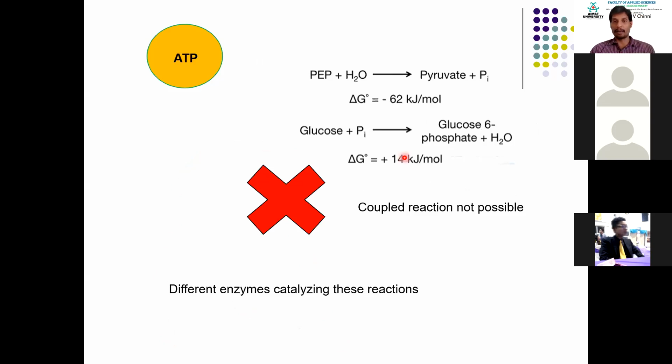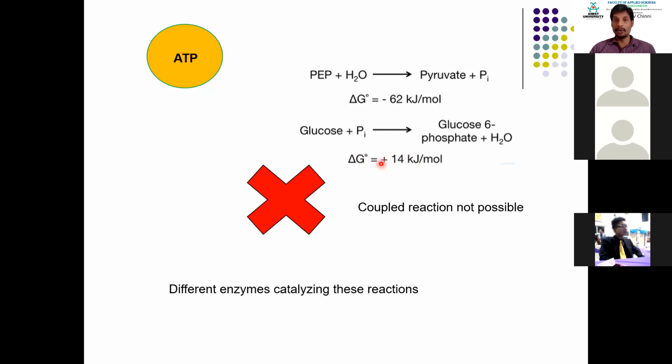Now, which is not a coupled reaction? For example, PEP gives pyruvate, where free energy is released as 62 kilojoules. And in the first reaction of glycolysis, glucose plus inorganic phosphate forms glucose 6 phosphate, where 14 kilojoules are needed.